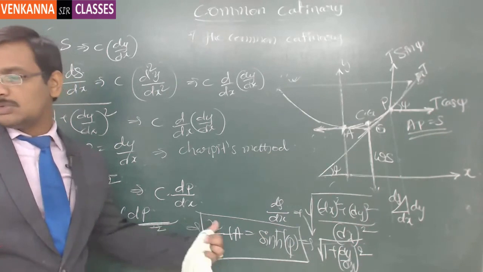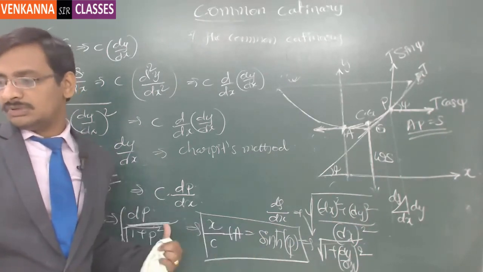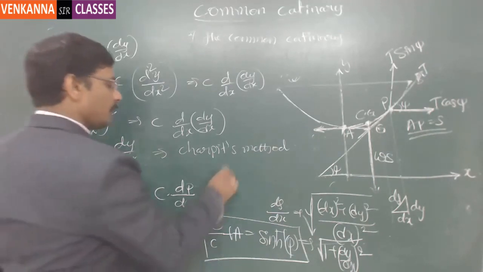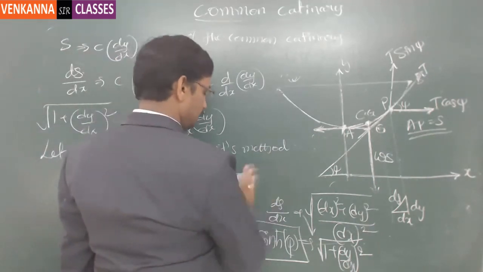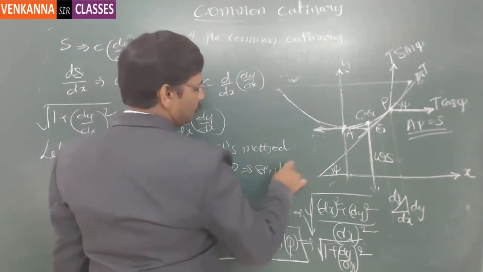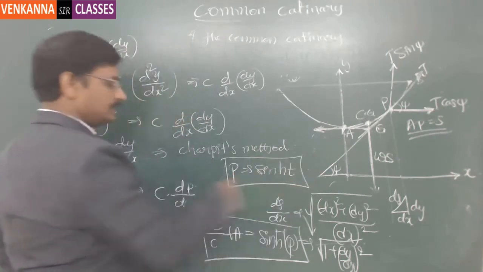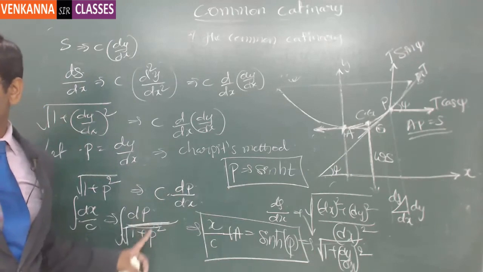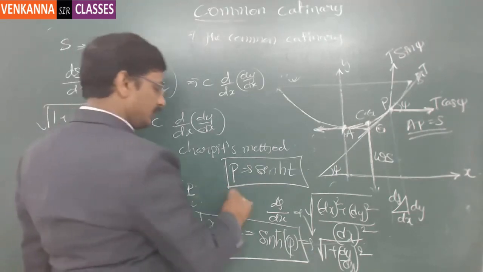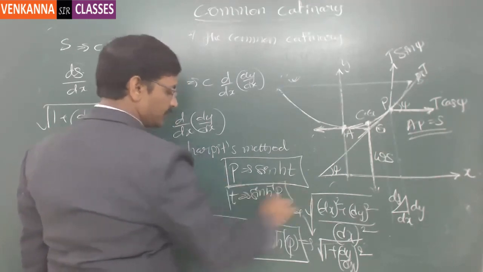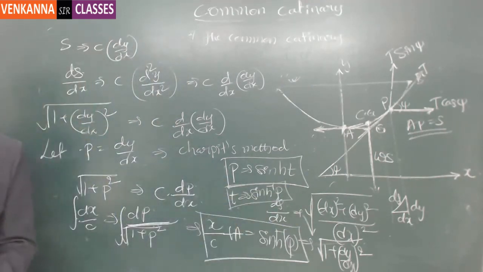You introduce some random variable t, where p is equal to sinh t. Then just find out the dp by dt value and put it here. Everything will cancel out and finally you are going to get t, which is equal to sinh inverse of p. I hope I don't need to explain this. Got it? Okay.